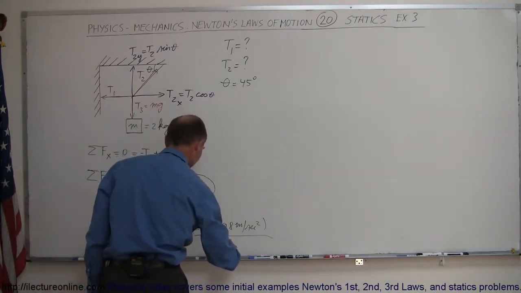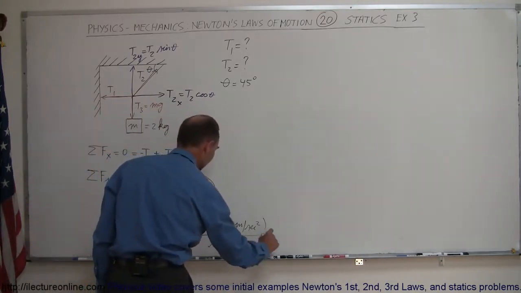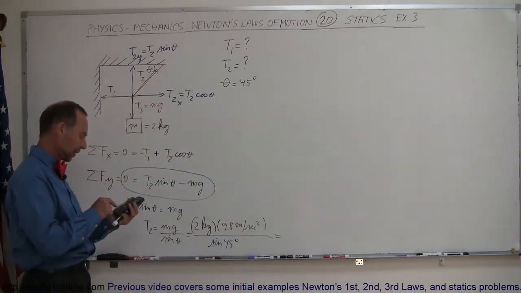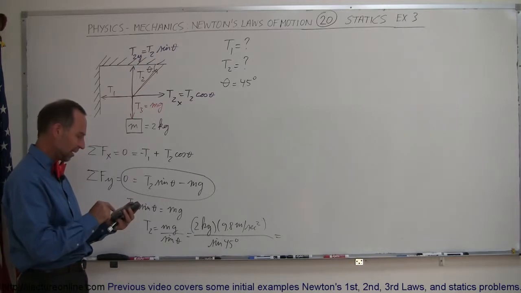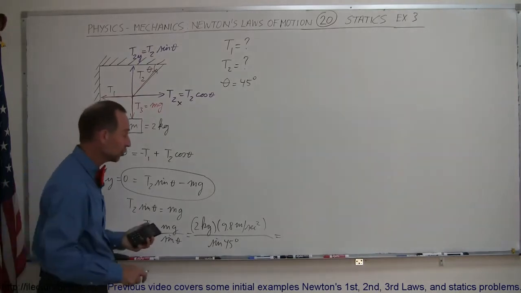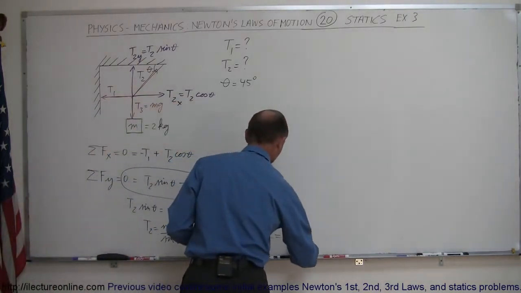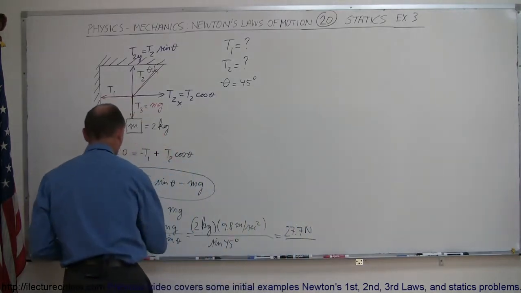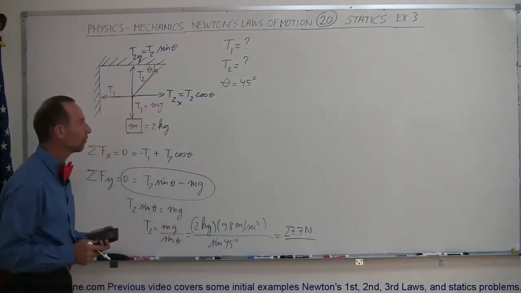So we have 19.6 divided by the sine of 45 degrees, and that's 27.7 newtons. So 27.7 newtons is the magnitude of T2.